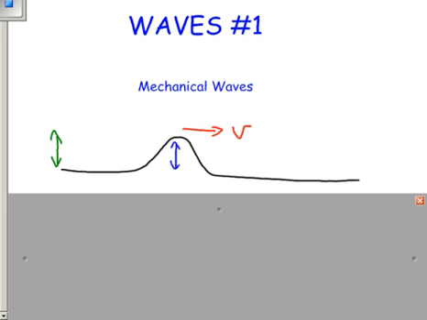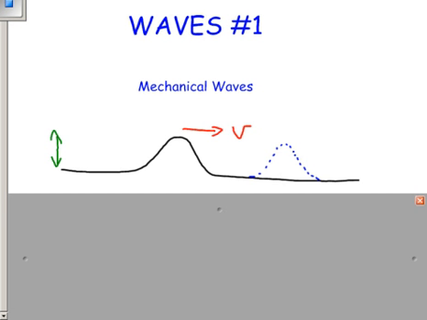And then a little while later, the string is going to move up like this and come down. And what that's going to make happen is this part of the wave is going to move up and down. All right? So here's a great example: the string is what the wave is traveling through. Sometimes we call that the medium. And the wave itself is moving along that string.